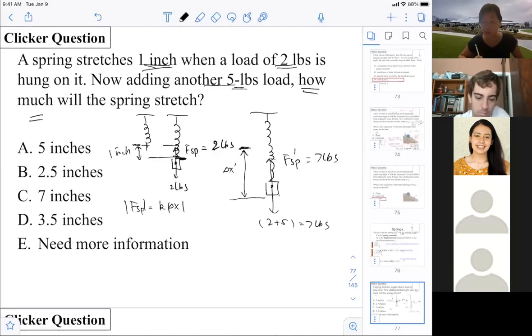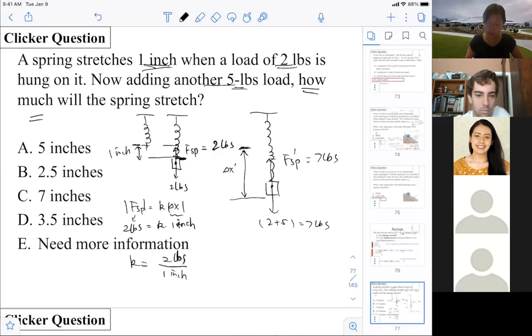I'm just looking at absolute value here because I don't care that the two are in different directions. I only care about the magnitude. This spring force is 2 pounds and it's being stretched for 1 inch. So spring constant K is 2 pounds over an inch. Even though the units are weird right now, that's okay. We're gonna leave it as it is. So spring constant K is 2 pounds per inch.